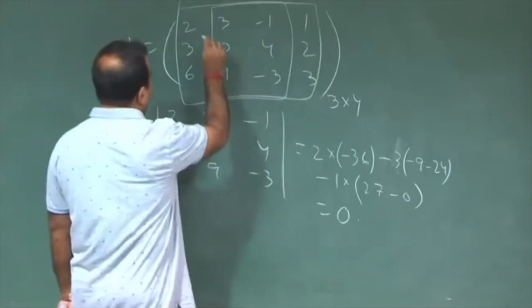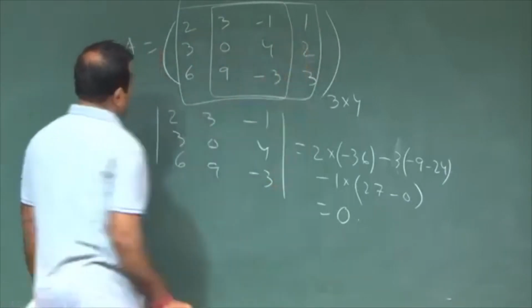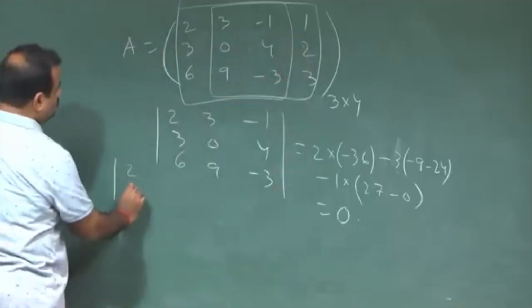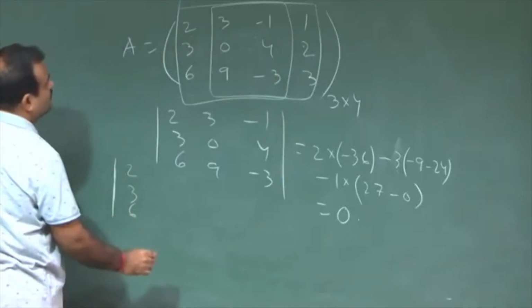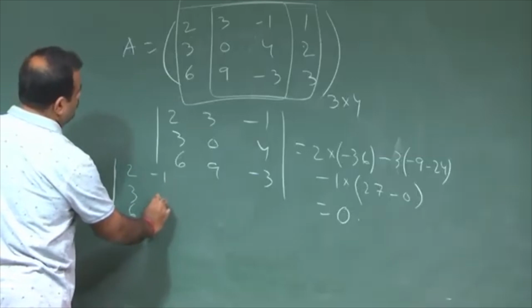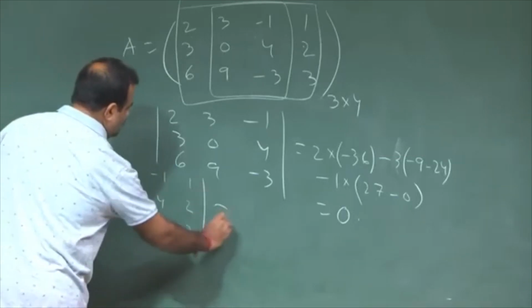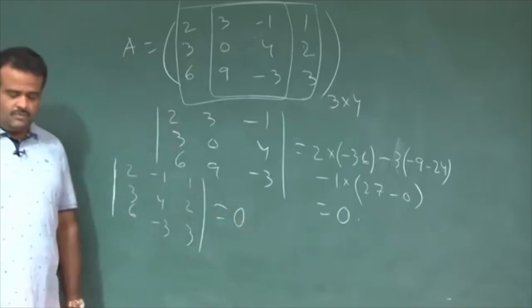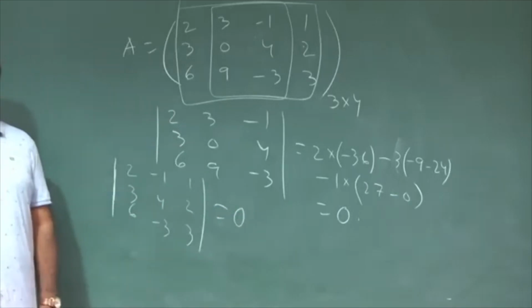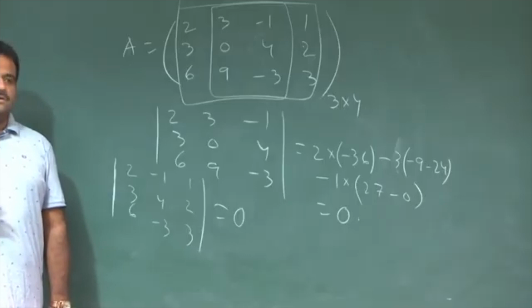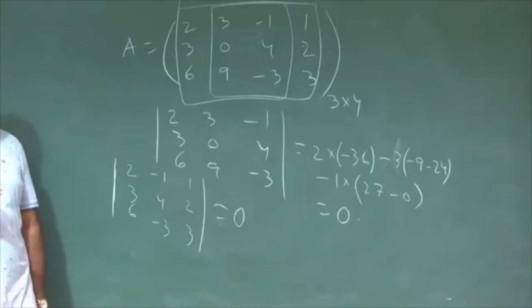If you take 2, 3, 6 and then minus 1, 4, minus 3, then 1, 2, 3, you will see this is 0. So, all the minors of order 3 are coming to be 0. So, rank cannot be 3.